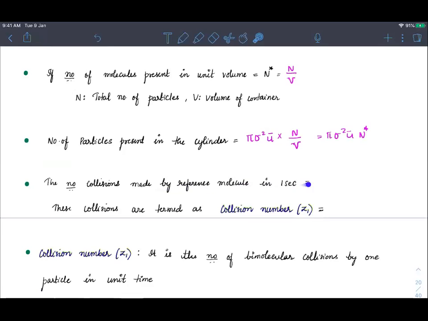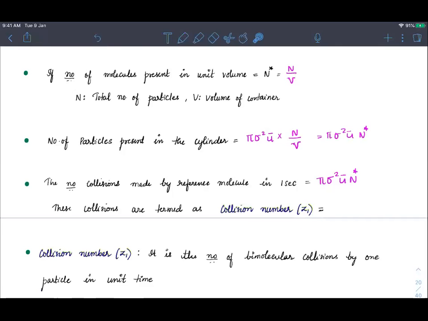The number of collisions made by this reference particle will be the same as this one, because it will touch all the particles that are present. That many collisions will happen. And this is what I'll term the collision number.